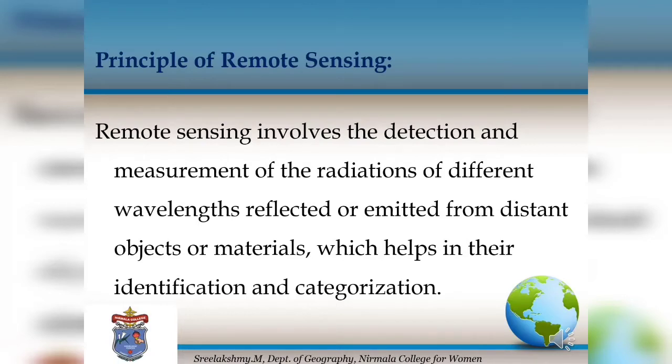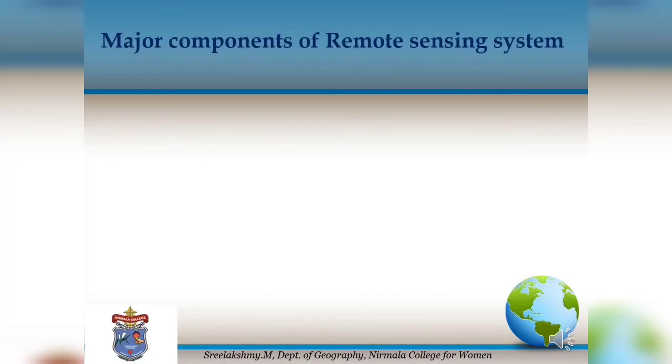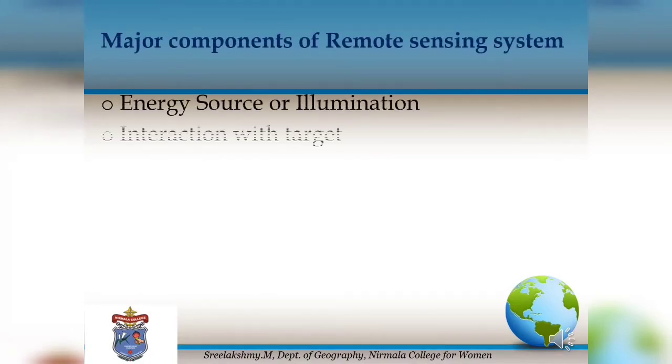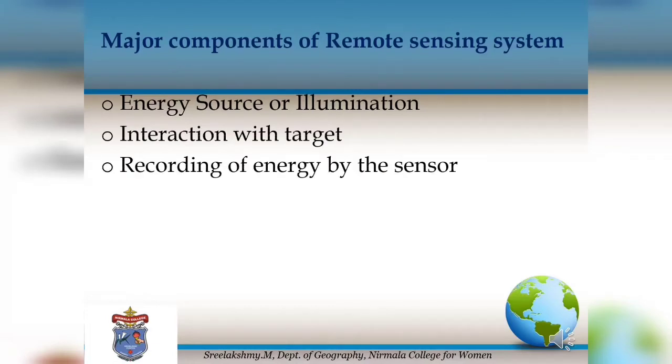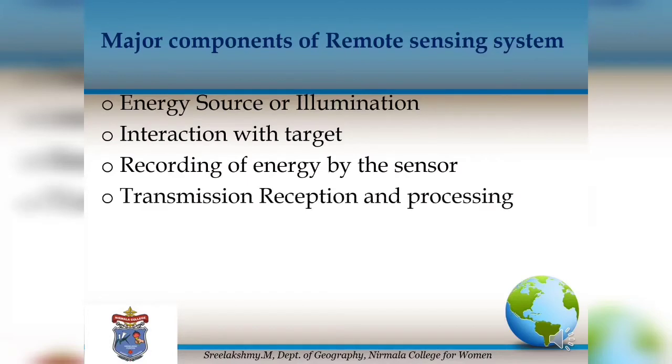The major aspects or components of any remote sensing system are the energy source or illumination, interaction with target, recording of energy by sensor, transmission, reception and processing, interpretation and analysis.